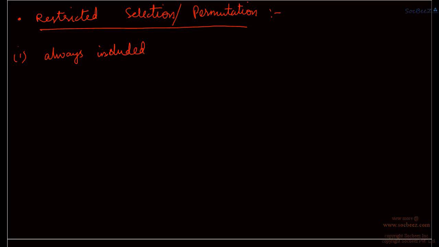So let's say we have k objects which will always be included. Now in that case, the total number of selections is n minus k C r minus k, right? So say 16, 11 and 3 in our example. We see that 3 are always included.